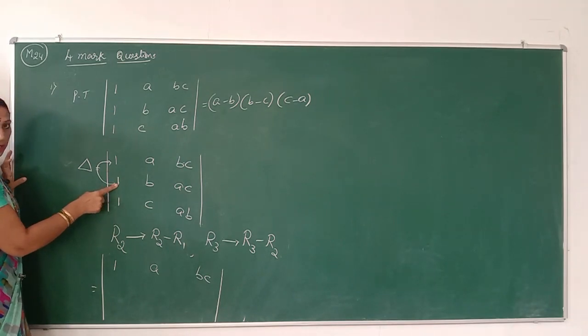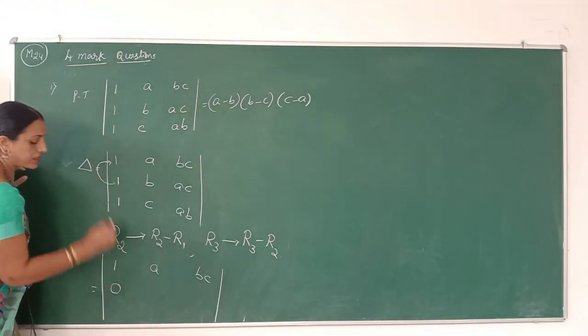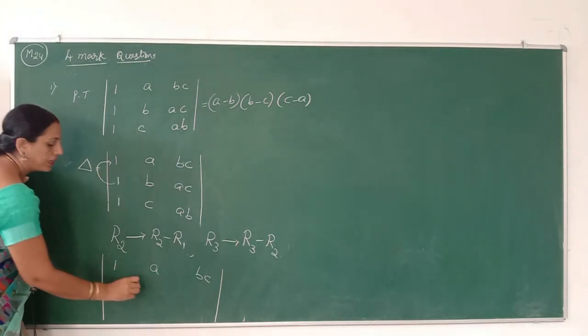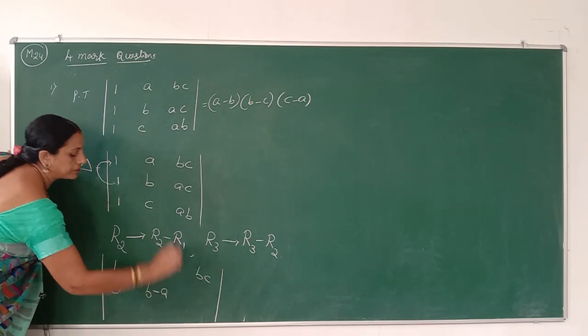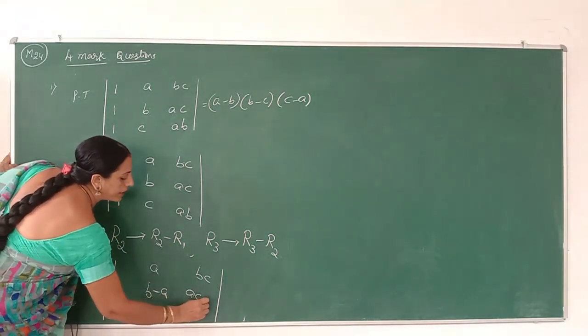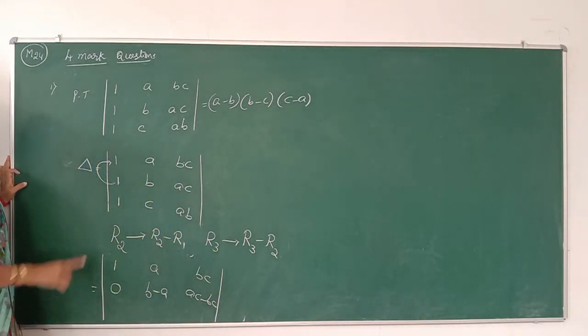The first element is 1 minus 1, which is nothing but 0. Similarly, the second element is B minus A. The third element is AC minus BC.